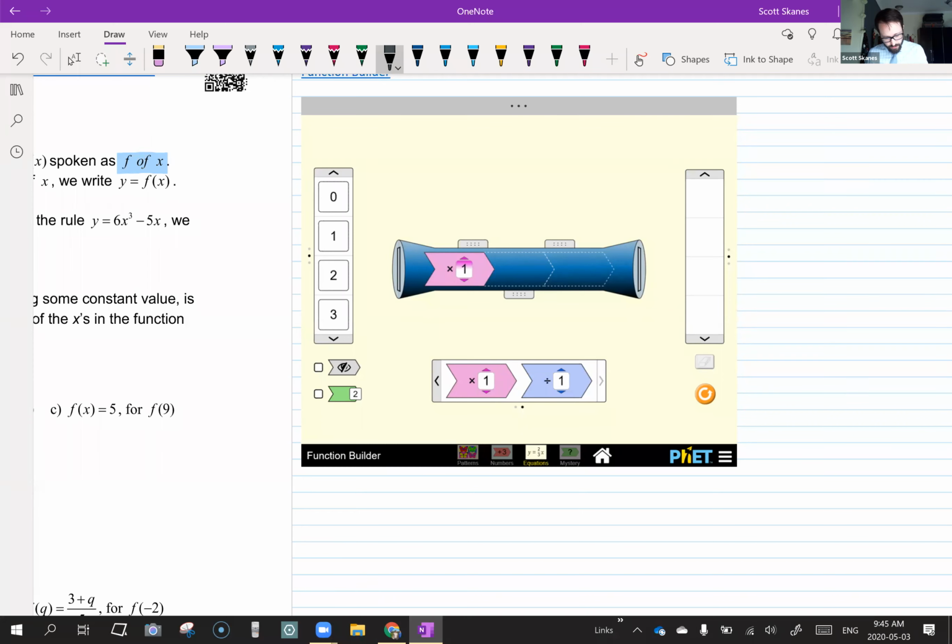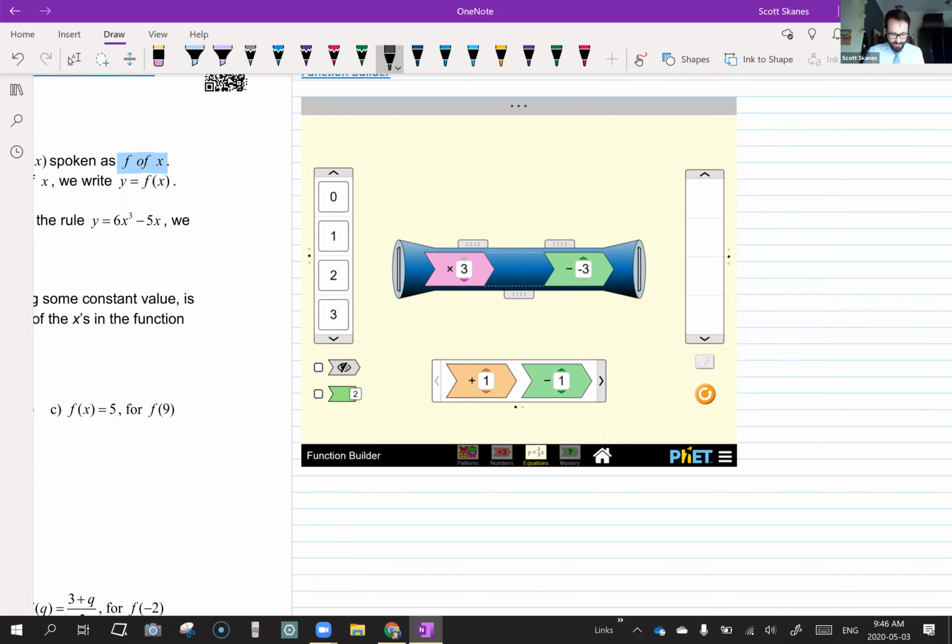So I want the magic machine to multiply it by 3. And then do I want to add something or subtract? Someone give me a number, positive or negative, between 1 and 10. -9. All right.